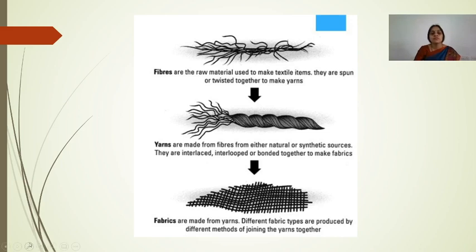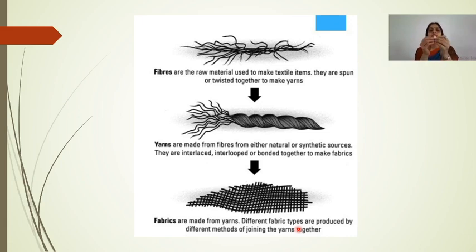Fibers are the raw materials used to make textile items. They are spun or twisted together to make yarns, either from synthetic or natural fibers. They are interlaced, intertwined, interlooped or bonded to make fabrics. Different fabric types are produced by different methods of joining yarns together.